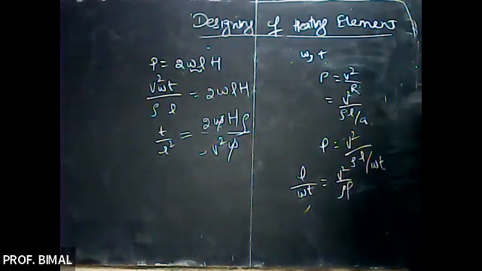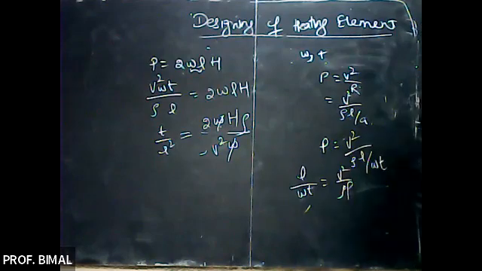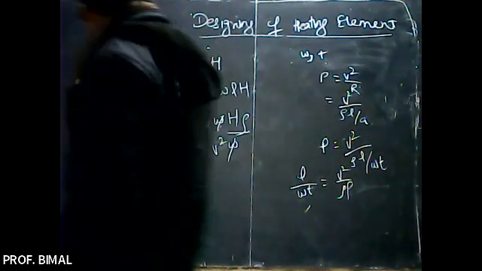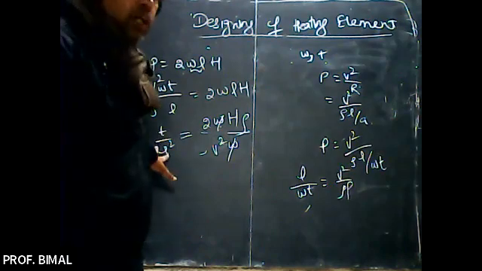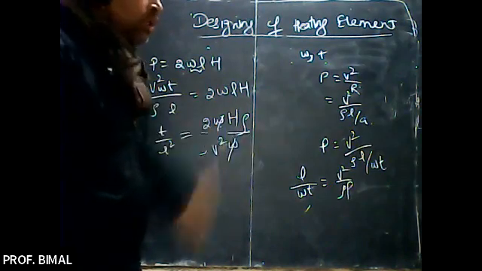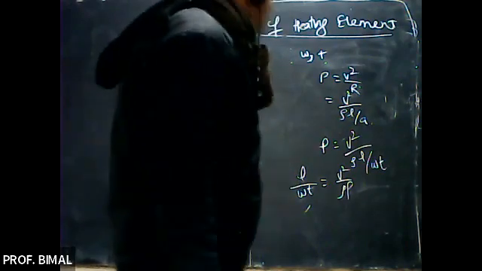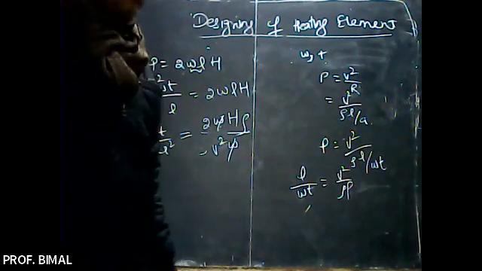So by solving two equations, one having the value of L upon WT, and the second having the value of T upon L square, you may calculate the value of the length and thickness.